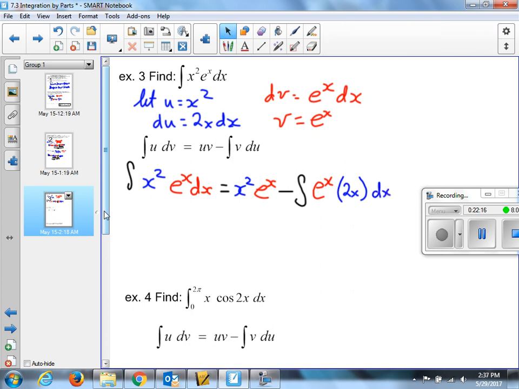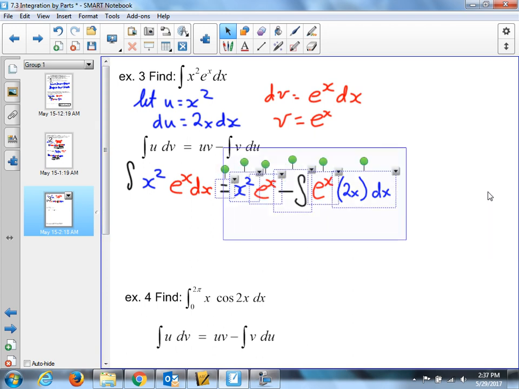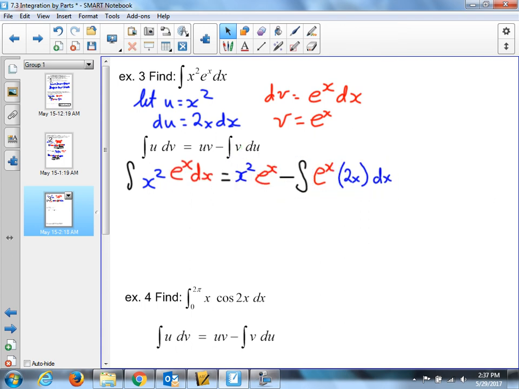Okay. I take a look at this and I ask myself if I could solve this. Can you do that derivative? Or derivative of that integral? Not really.